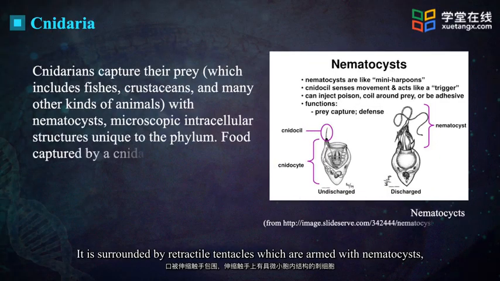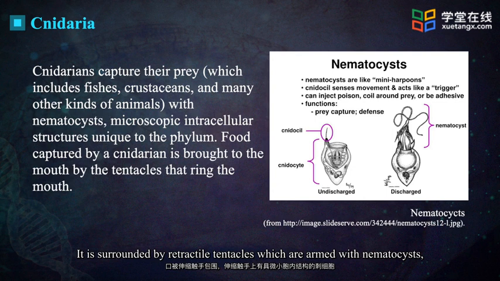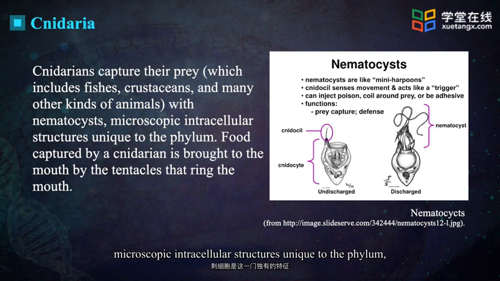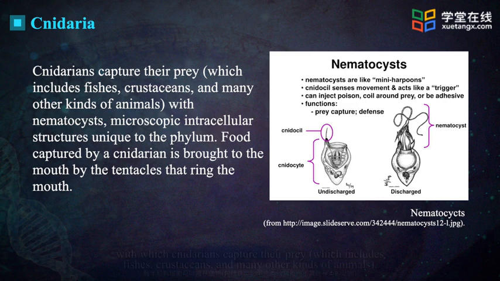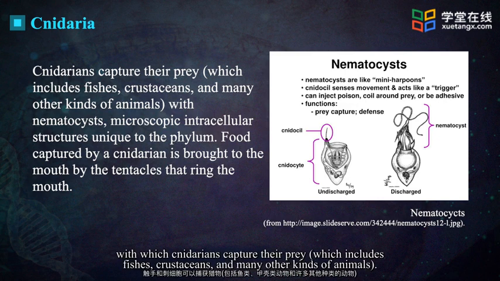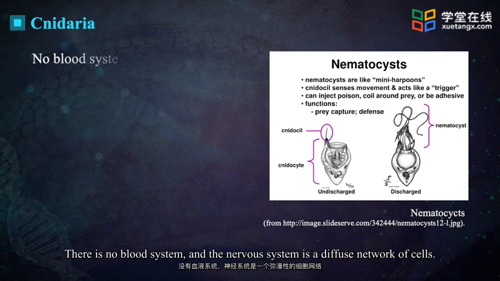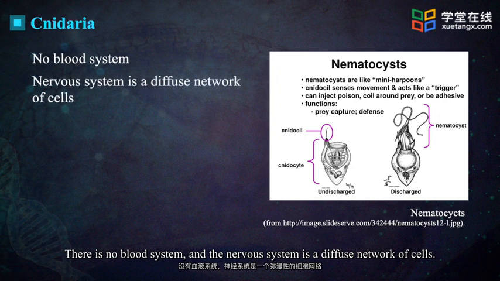It is surrounded by retractile tentacles, which are armed with nematocysts, microscopic intracellular structures unique to the phylum, with which cnidarians capture their prey. There is no blood system, and the nervous system is a diffuse network of cells.